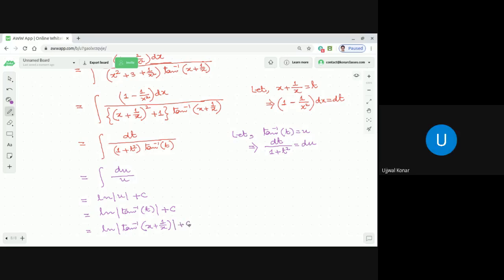Why is all this reverting back important? Because u and t are our assumptions, so it is important that we revert back all these values. So the result of this given integration is ln of mod of tan inverse of x plus 1 by x plus c.